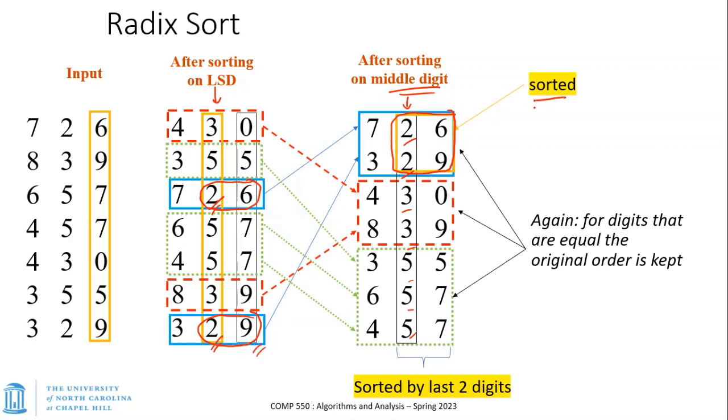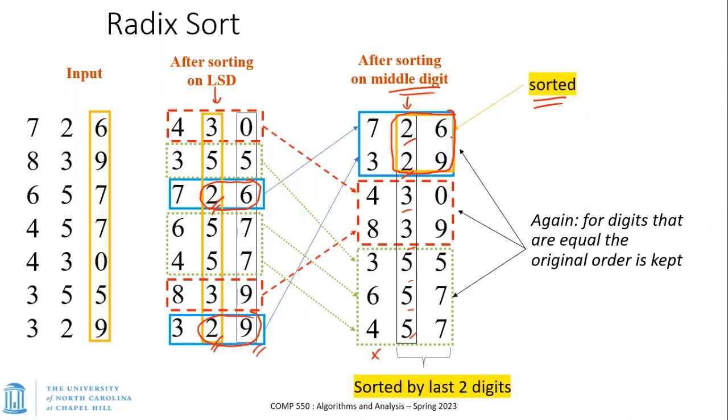Okay, and so what this is ensuring is that if you forget about the most significant digit for a minute, by having sorted this, just as Nishit had suggested, the numbers are now sorted by the last 2 digits.